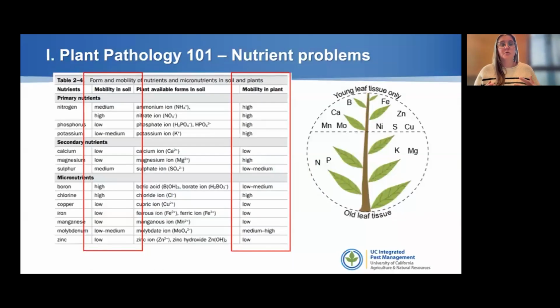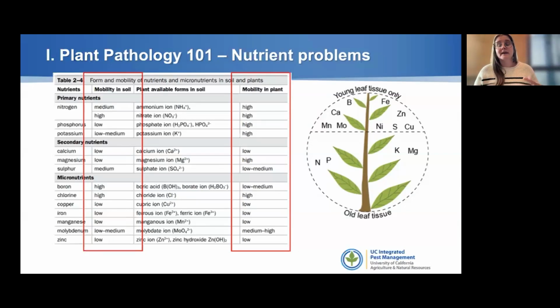Additionally, with nutrients, mobility is involved, and this has to do with the movement of that nutrient, either in soil or in the plant material itself. Some nutrients are very mobile in the soil, which means they can be washed out pretty regularly or easily through irrigation. Other nutrients are mobile in the plant.